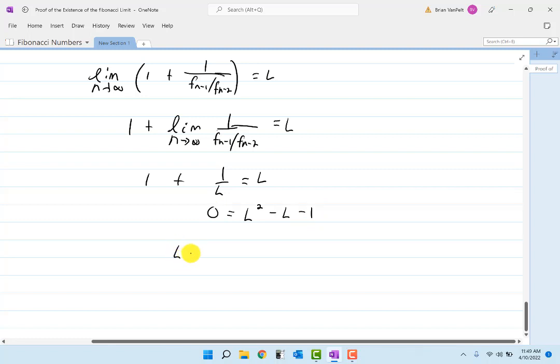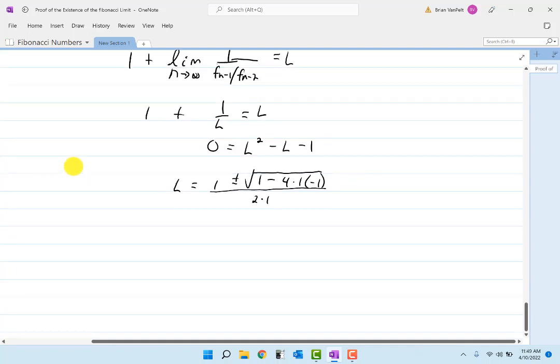Use the quadratic formula. L equals 1 plus or minus the square root of 1 minus 4 times 1 times negative 1, all of that divided by 2 times 1. And you're going to throw out the negative solution here because all of the numbers involved in this limit were positive, so the negative doesn't make any sense. So the only one that we want to keep is 1 plus the square root of 5 divided by 2. And everybody knows that famous number.